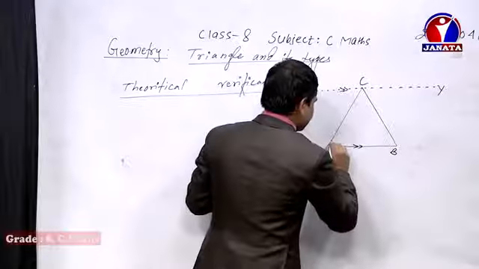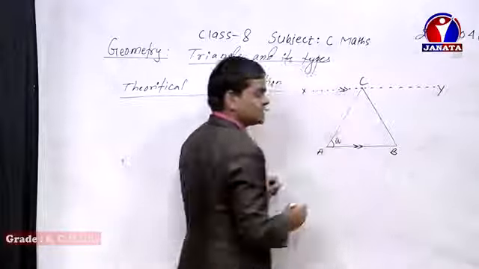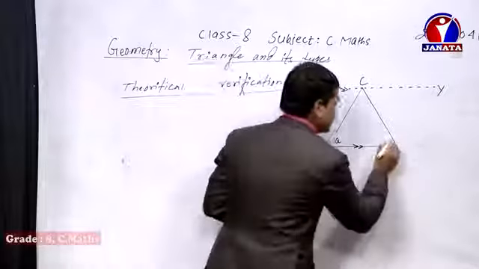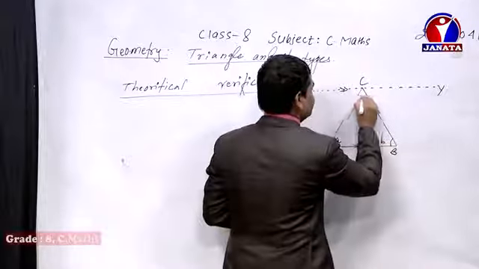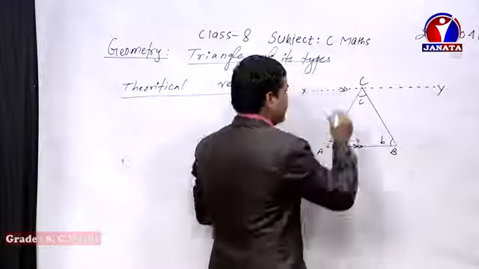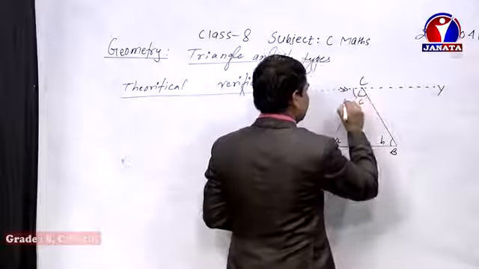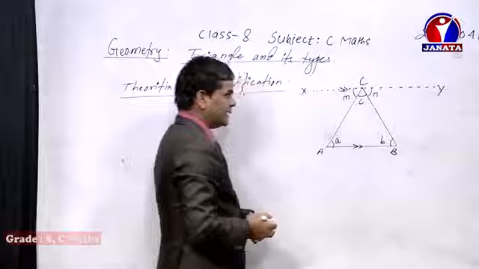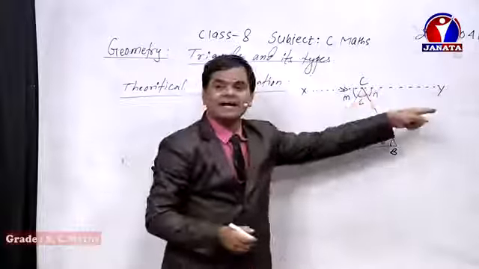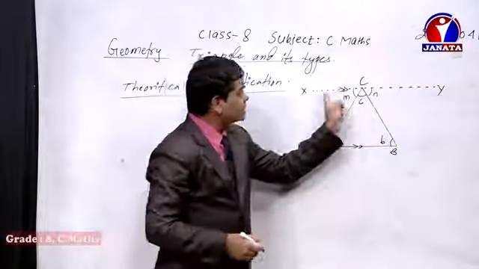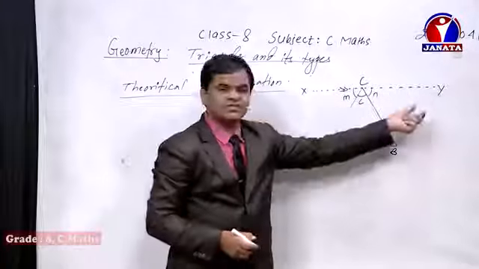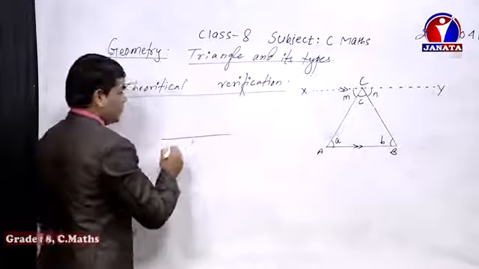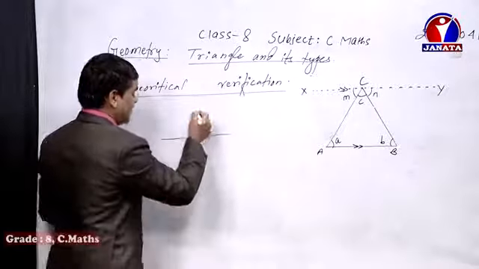At the time, dear student, look here. For example, I'm going to keep the measure of this angle as small a, this angle as small b, and this angle as small c. Let's keep this one as m, and this angle as n. Dear student, it is a straight line, isn't it? XCY is a straight line. It means, as in the bygone day, what do we say about the sum of supplementary or adjacent angles?